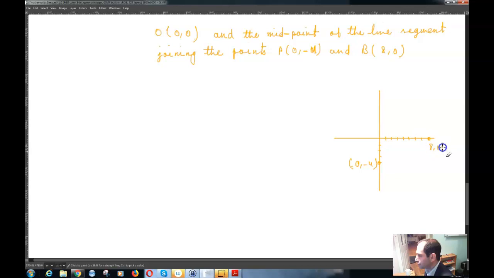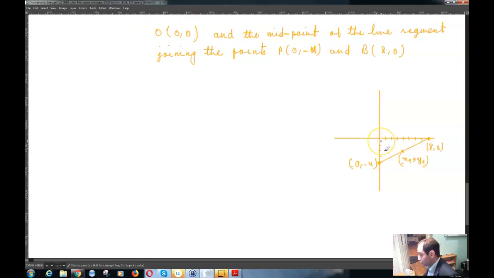This line segment has a midpoint somewhere over here, with some coordinates, for example, x1, y1. So we want to find this x1, y1, and then using this point and the origin, we want to find the slope of the line going through this point and this midpoint.